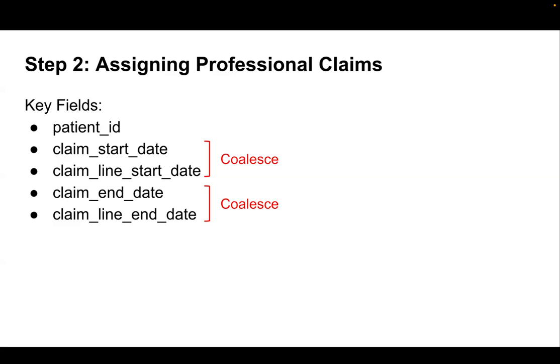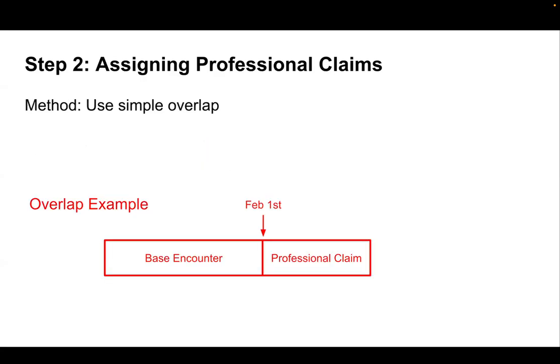This really allows for the fact that there's a lot of variation in claims data sets. You may not always get claim start date. You may not always get claim line date. So we're just trying to make the best use of the data that you do actually have. That's the reason for the coalesce. And we recommend coalescing in the order on the screen here and on the previous slide.